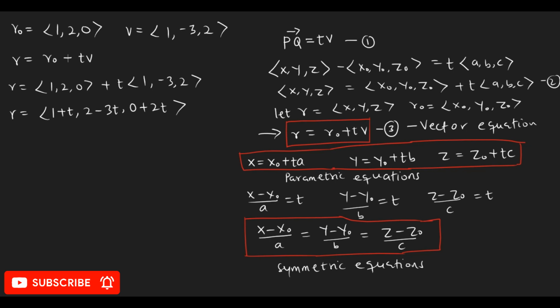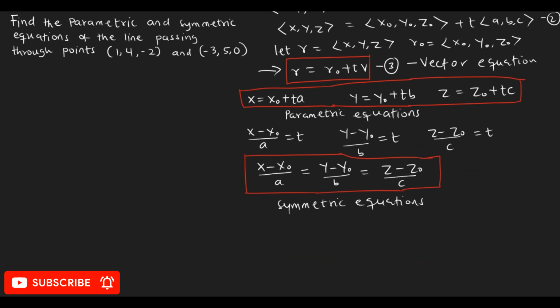You can further simplify this because of this 0 here, but you can choose not to write a 0. So I'm going to have R equal to (1 + t, 2 - 3t, 2t). So this will be our vector equation now. Okay, let's try our hands on another example.